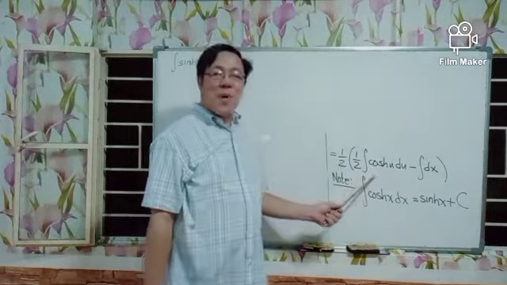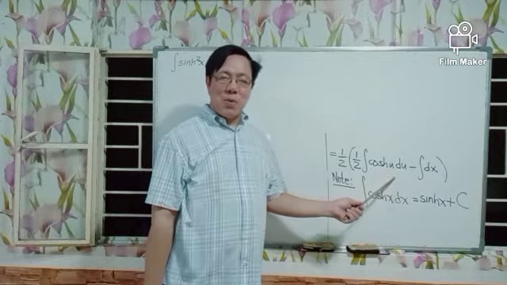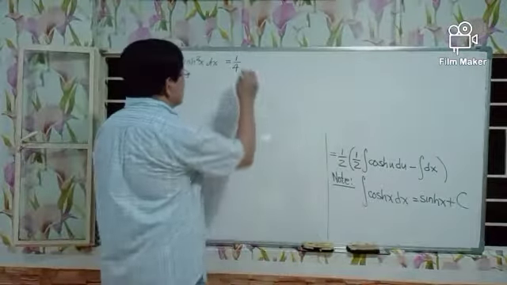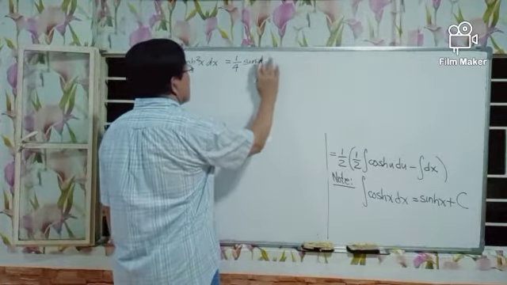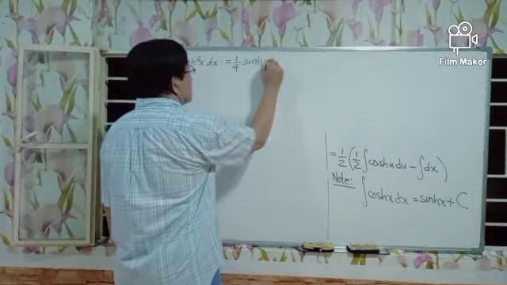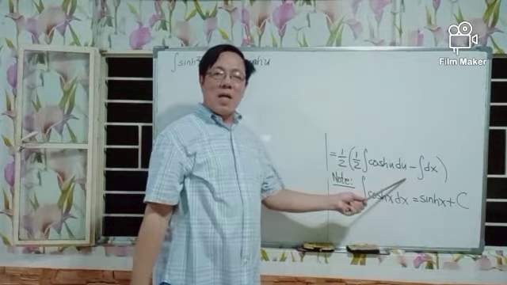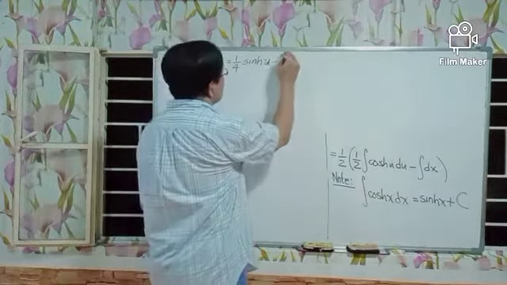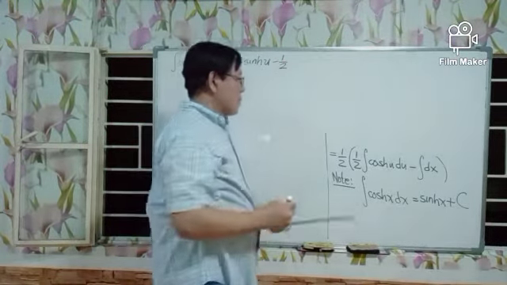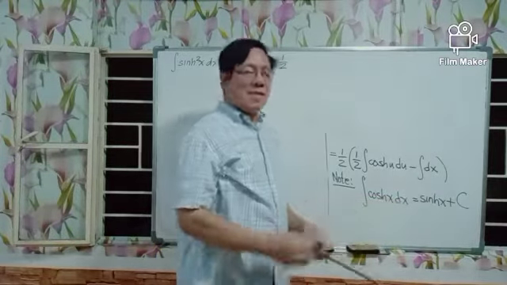So the integral of hyperbolic cosine of u with respect to u is hyperbolic sine of u. And 1/2 multiplied by negative is negative 1/2. And the integral of dx is x.